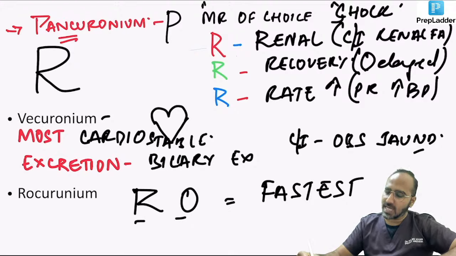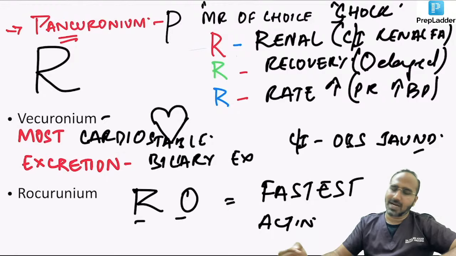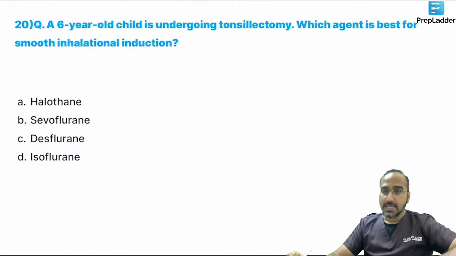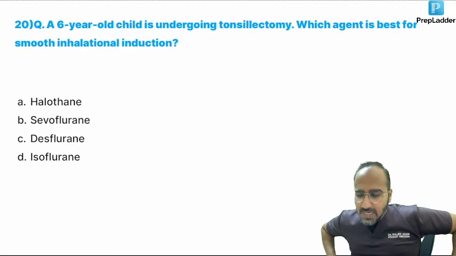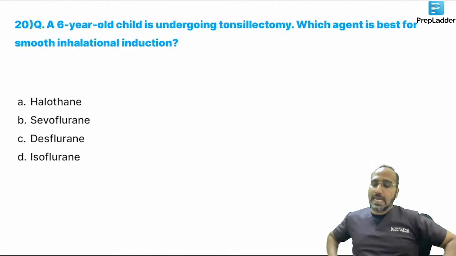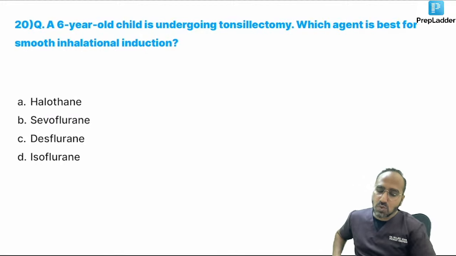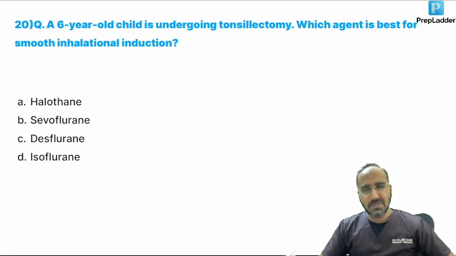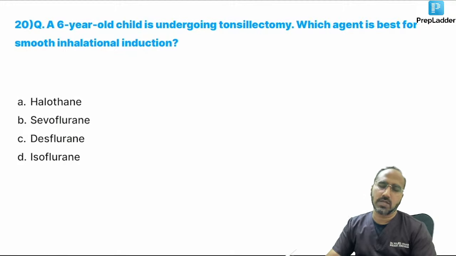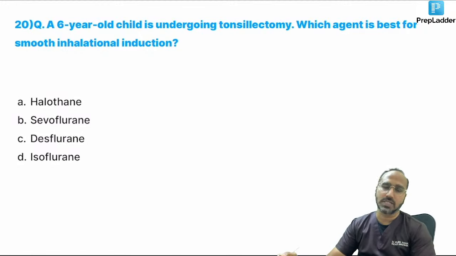Okay. I used to remember rocuronium as a painful rock star also guys. Why? Because it is a painful muscle relaxant. On injection, it produces pain, as well as it's a rock star.